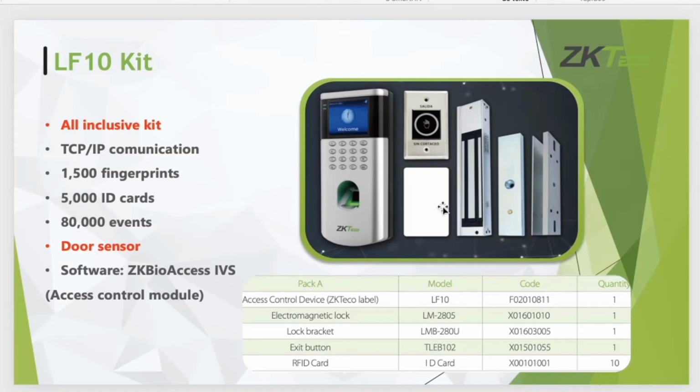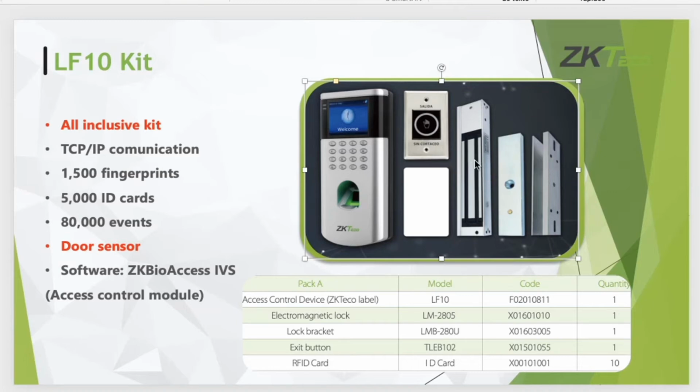Also, the package includes 10 ID cards, normal ID card size, 125 kilohertz, and also one electromagnetic lock, which is this one, and the bracket to install your electromagnetic lock in the door.